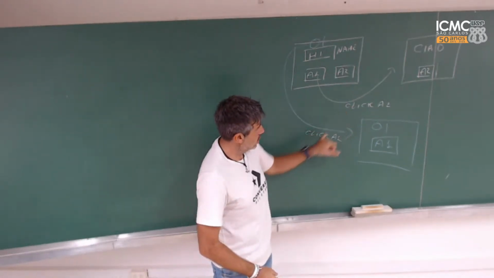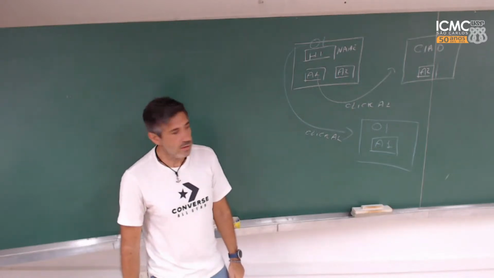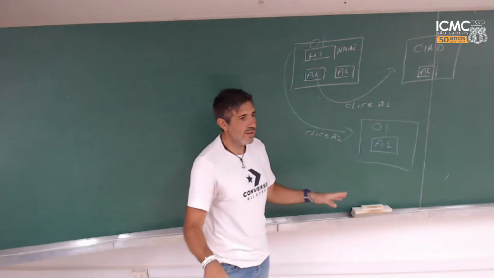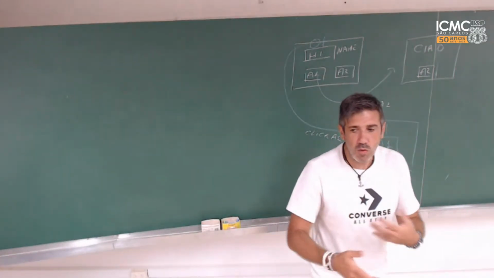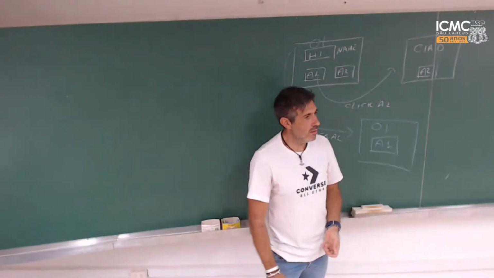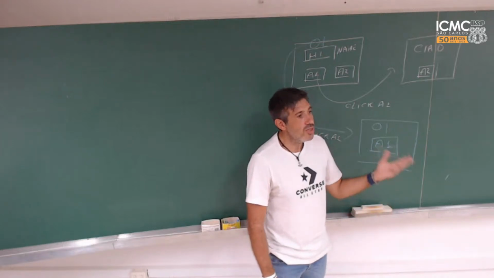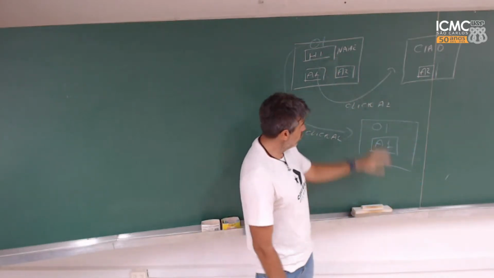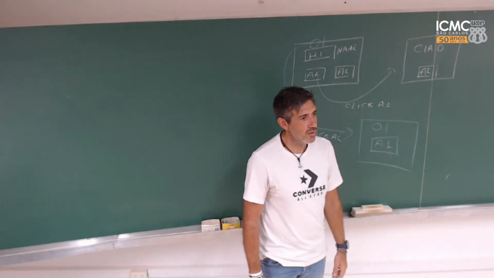So what happened here? I had the same click. I performed the same event, but the text value influenced the navigation. It means that somewhere in the code there is an if statement or a switch case that, on the basis of the text value, you reach different user interfaces.